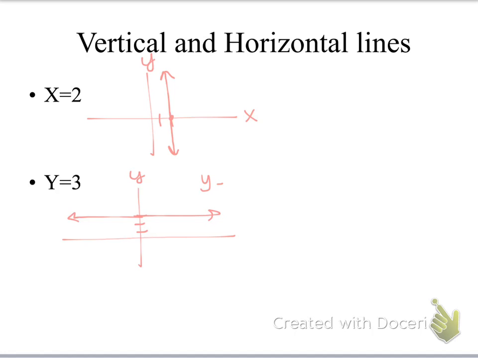If I rewrote this, it would be 0x plus 3, because 0 times x is 0, plus 3 gets me y equals 3. If I look at the slope here, going from this point to this point, I wouldn't rise any, but I could run 1. That gets me a slope of 0, okay? So x equals is up and down, y equals is left to right.